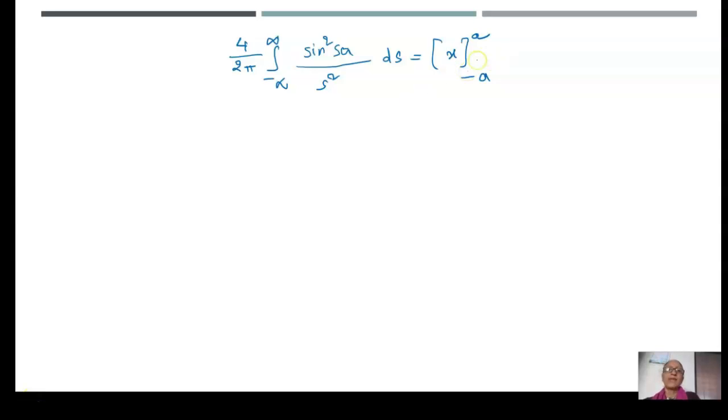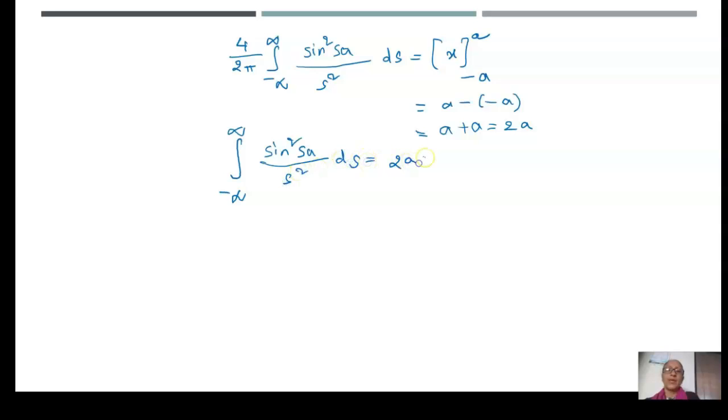If you apply the limits, a minus of minus a, which is a plus a, that is 2a. So the integral from minus infinity to infinity of sin squared sa upon s squared ds equals 2a into, if you cancel this, 2 by pi, here pi by 2. Then you get pi a.